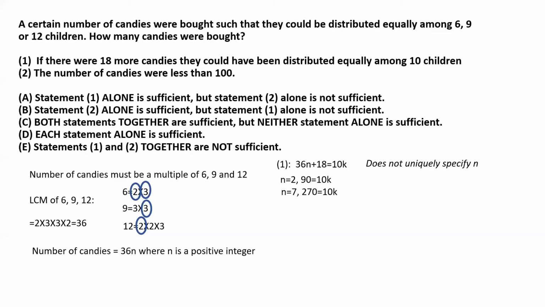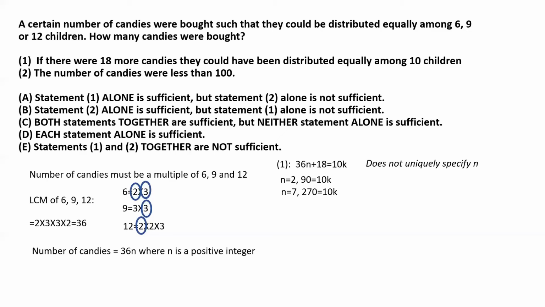There are many more values of n for which 36n plus 18 will be a multiple of 10, but it is enough at this point to conclude that this by itself does not uniquely specify n or the number of candies, because the number of candies is 36n.